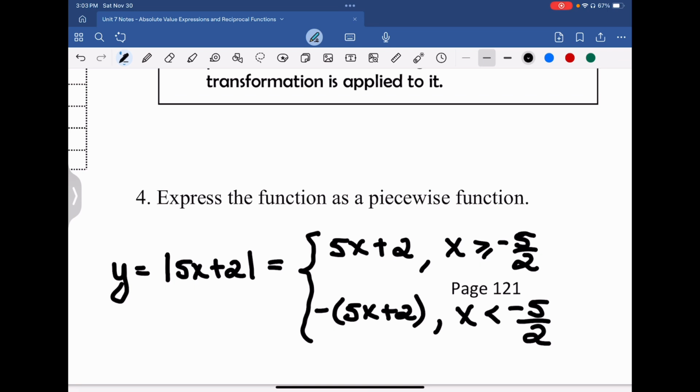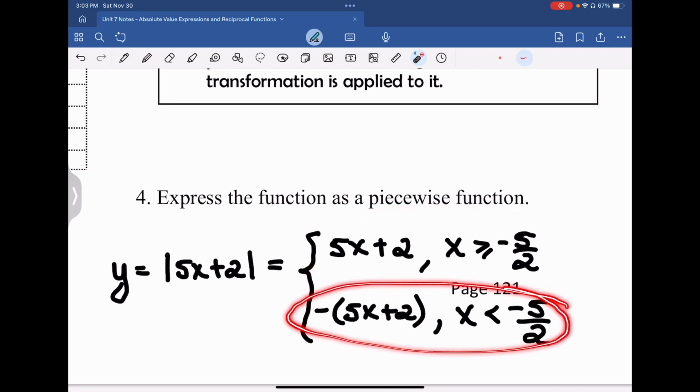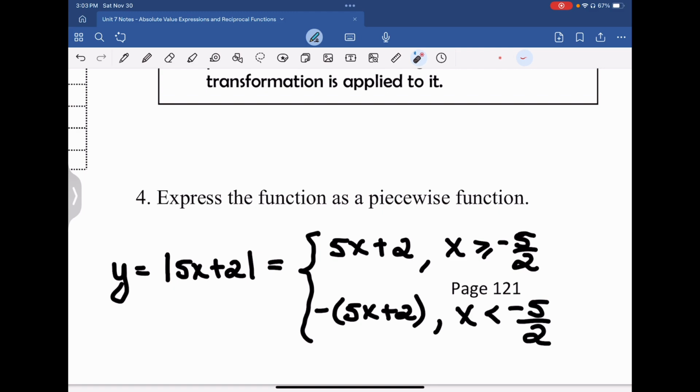So we can think about absolute values as two linear functions coming together to describe one overall shape. Now, when we get to quadratics, we're going to see that our piecewise might include 3 different components, but for this situation, we only have our 2 lines, one positive slope, one negative slope, where the positive sloping line is contained here, the negative sloping line is contained here, and together they add up to make the absolute value graph.